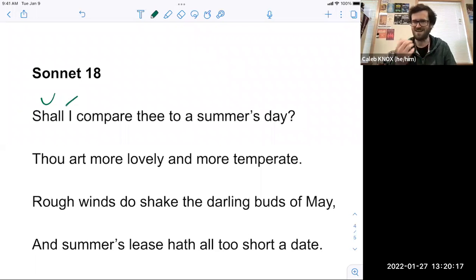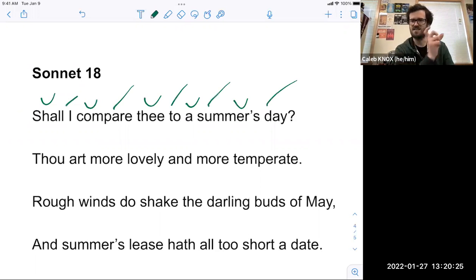So if I'm going to exaggerate it in my speaking: shall I compare thee to a summer's day, right? You can see there the 5 pairs of syllables makes it pentameter, right? And because it's unstressed then stressed, that's iambic pentameter. It's the same rhythm that a lot of the play is in, which we'll be getting to later.